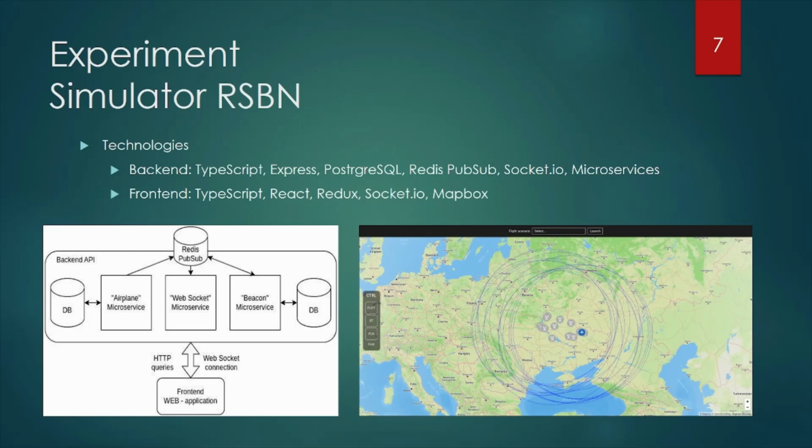Backend is built as microservices that operate airplane scenarios, beacon placement and signal calculations, with an event-based bus between them, such as Redis pub/sub. The frontend is a single-page application with a map and functionality to place beacons, change their parameters, and construct and play scenarios.